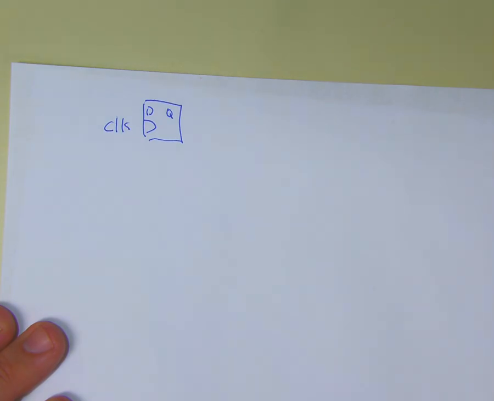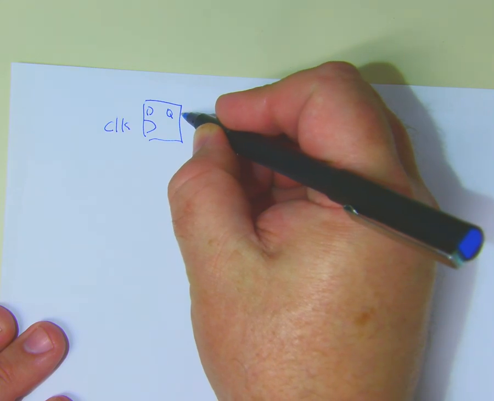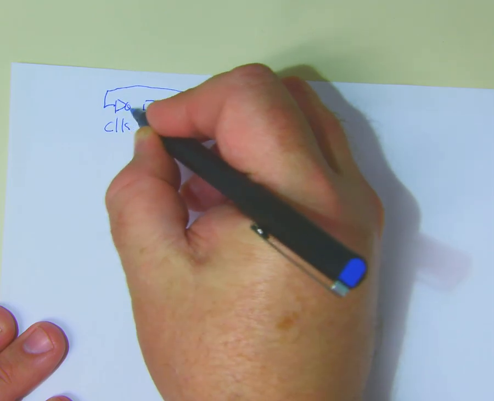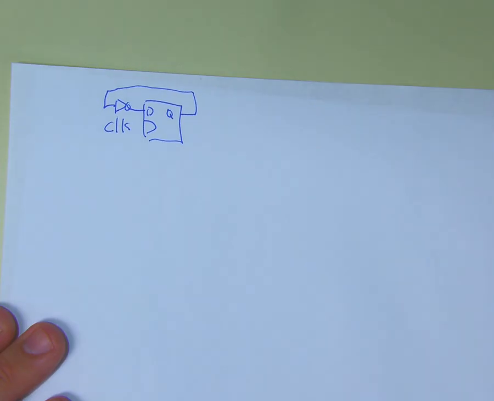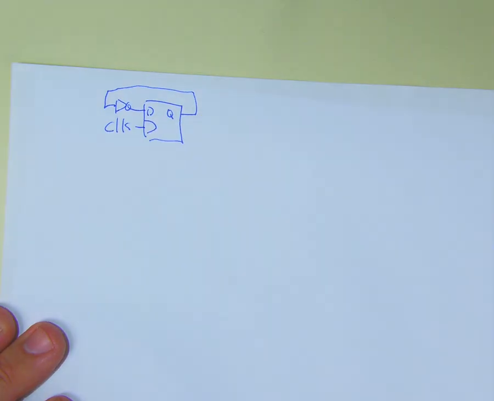And my D flip-flop, all I'm going to do on this is I'm going to take whatever is coming in here, and at the moment, I'm going to invert it. And this one, without saying anything on here, we're going to consider it a positive edge.